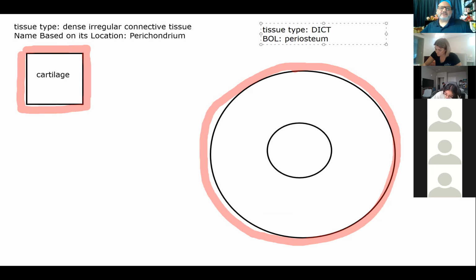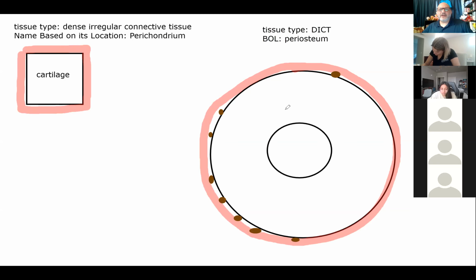I mention this because deep underneath the periosteum, right up against the bone, is where you find these osteogenic cells. So osteogenic cells can be found right here on the outer surface of the bone underneath the periosteum. But there's one more thing.